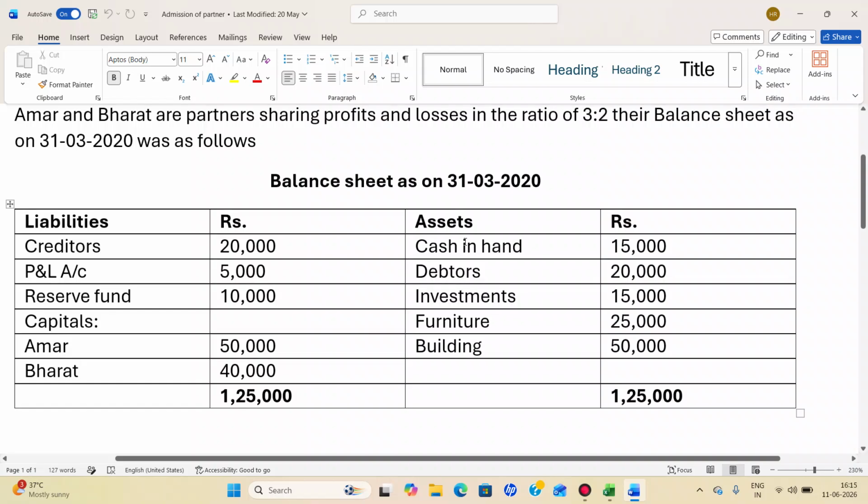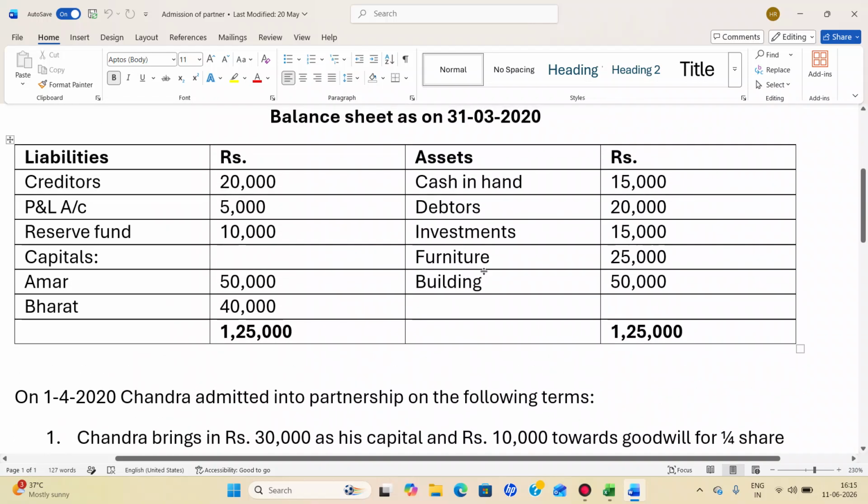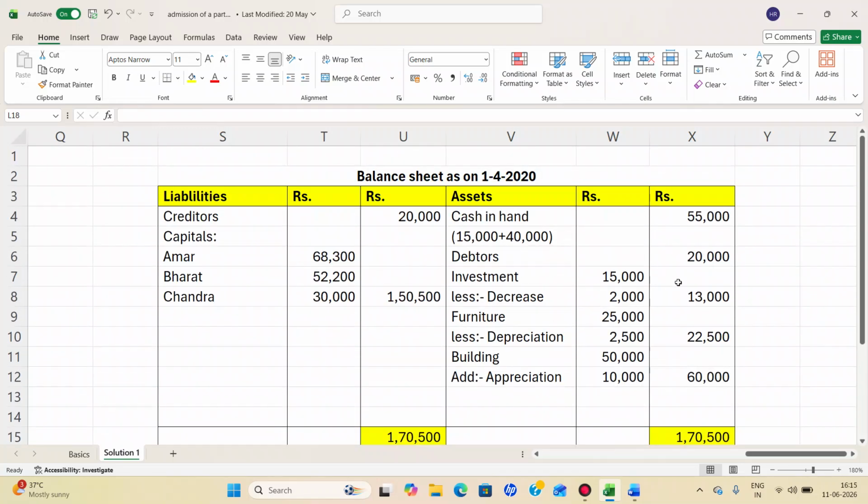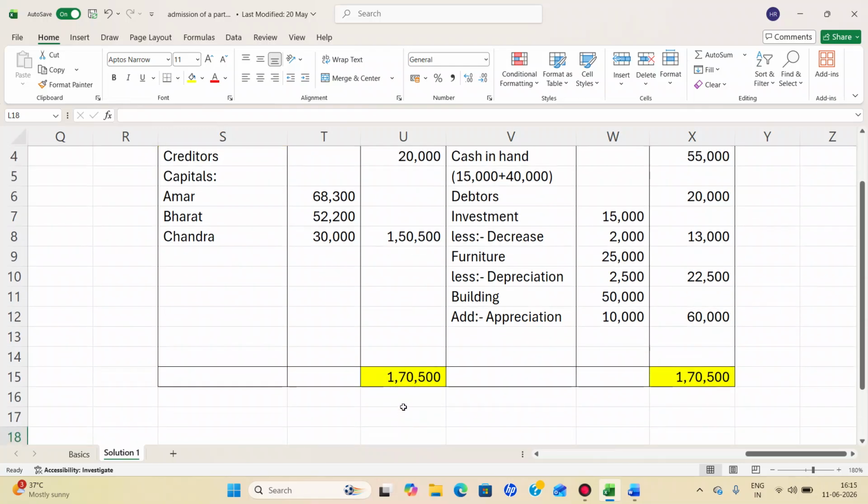They have mentioned all, right? Here, I'll show you new balance sheet. If we add on the asset side, we get 1,70,500. Liability side total is 1,70,500.